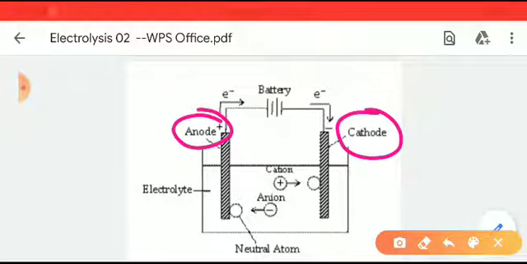In here we have two electrodes, cathode and anode. So what is cathode and what is anode?